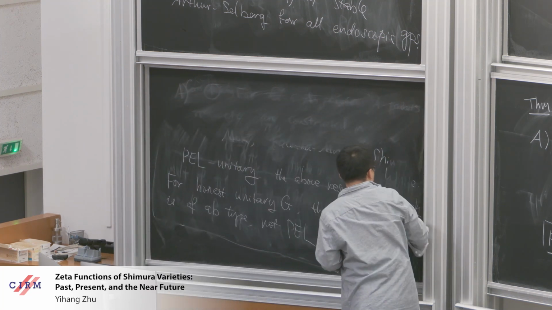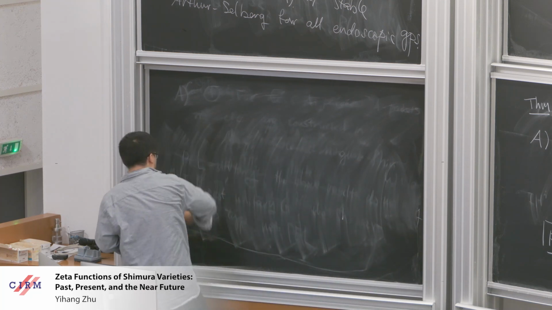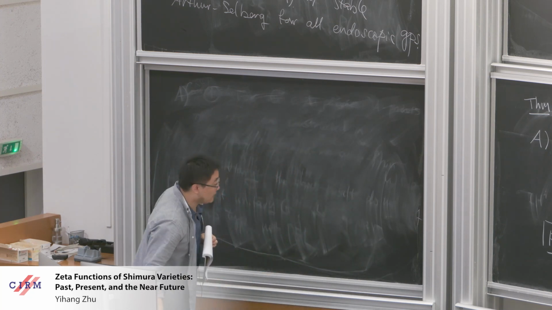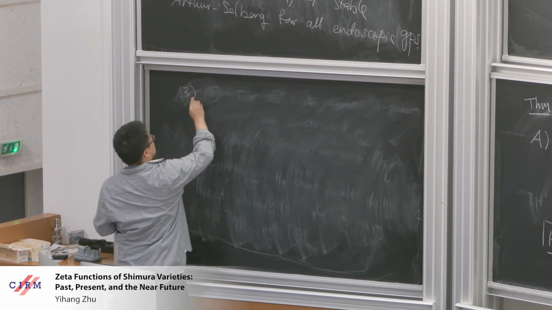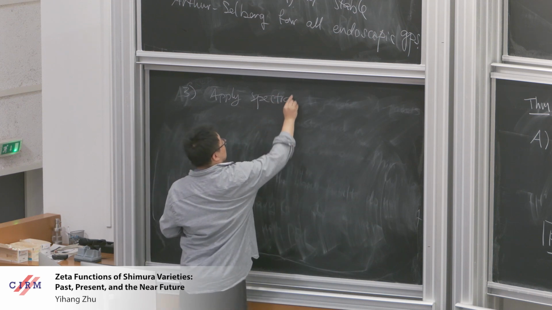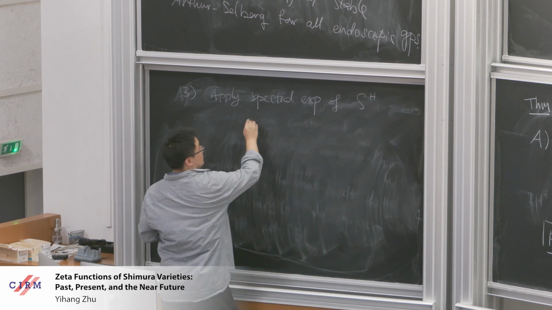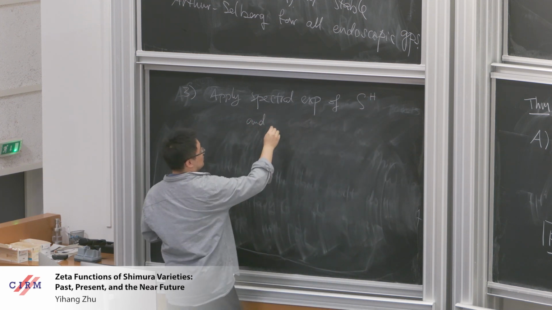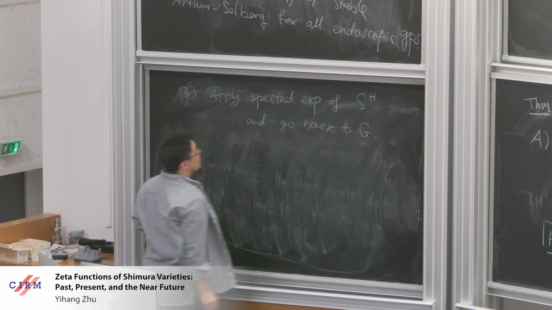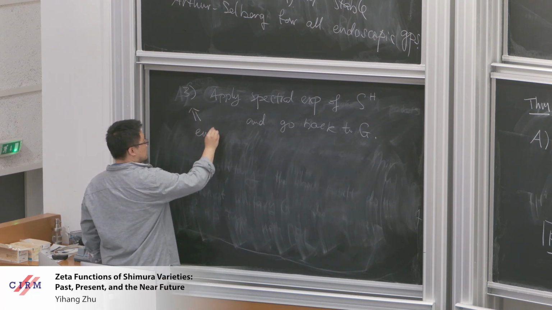Okay, and then the third part is to apply some suitable spectral expansion of these stable trace formulas for H, where the H are the endoscopic groups, and go back to G. Okay. Right, so this is the step where we need the input of endoscopic classification.